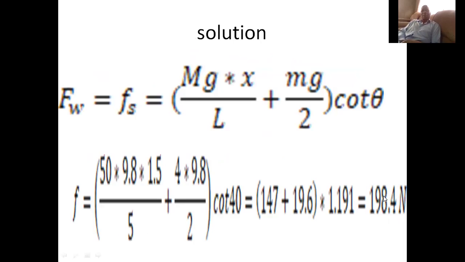So there's more stability as the ladder goes closer to the wall. In other words, the likelihood of slipping with the ladder reduces as you go closer to the wall.